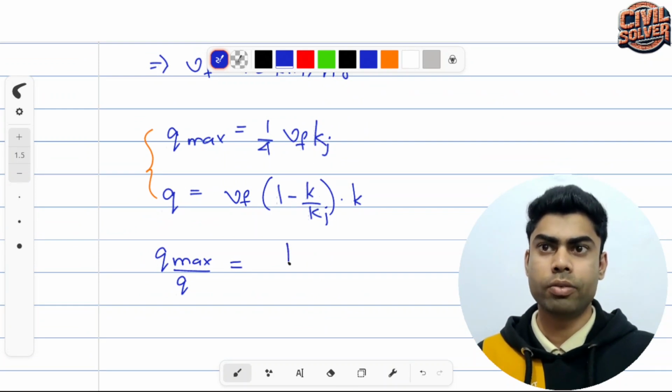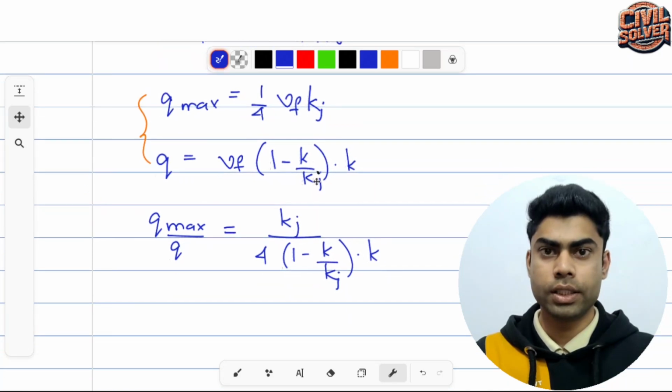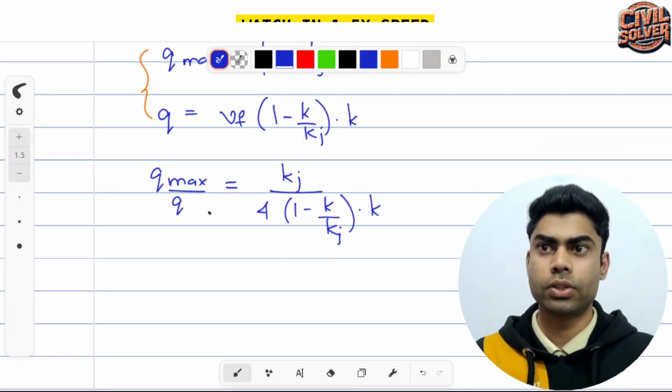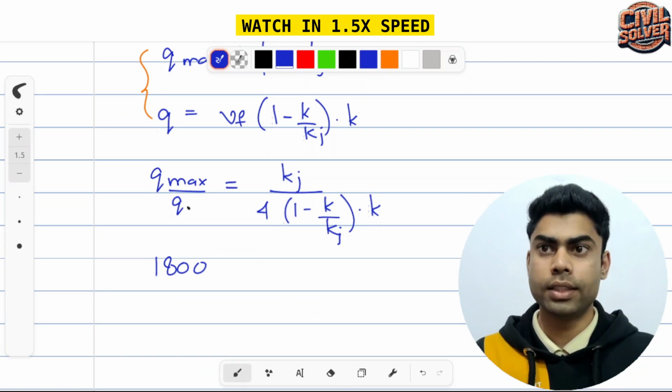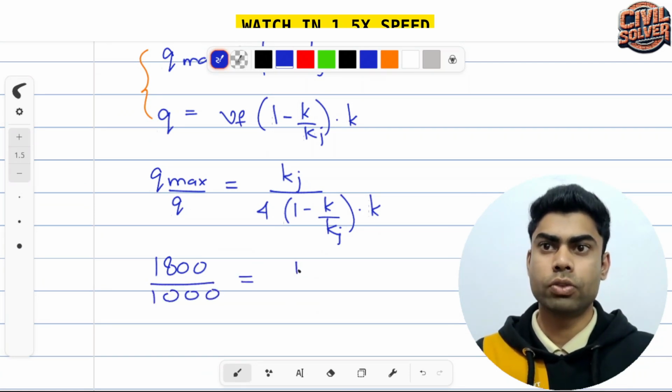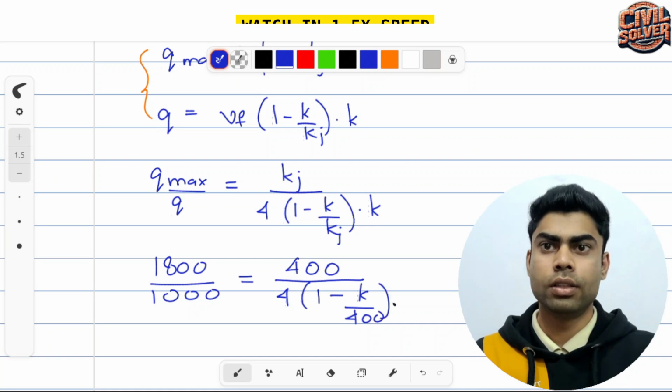We will be left with Kj upon 4 times 1 minus K by Kj times K. Now put the values in this equation. Qmax was 1800. The flow at which the density is required is 1000, is equal to Kj was 400 divided by 4 times 1 minus K by 400 times K. This will cancel out. This will be 100.